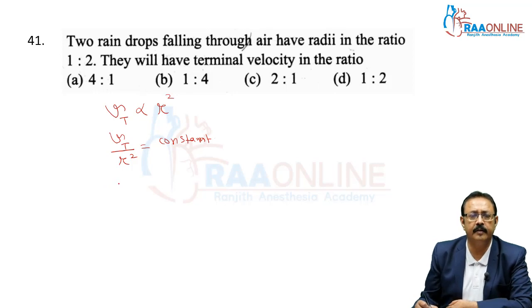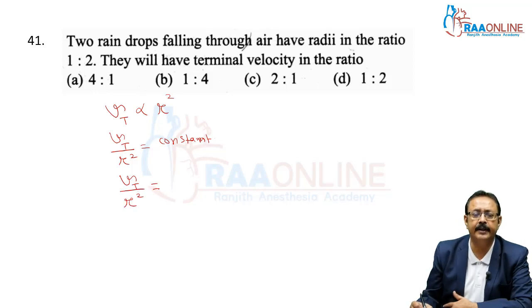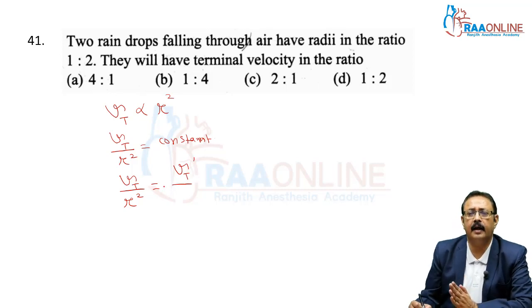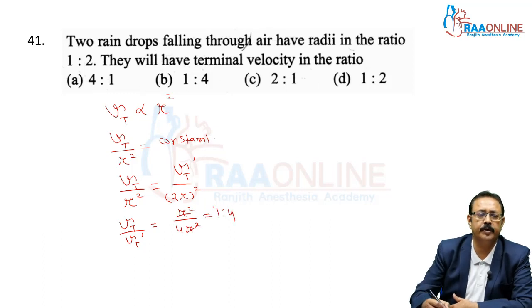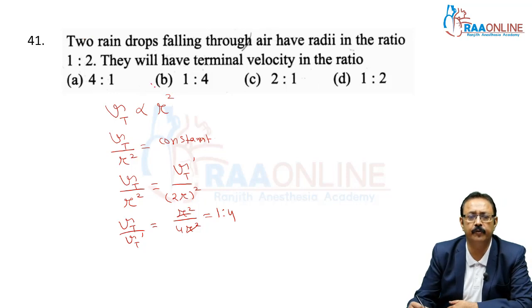So for one drop I am taking Vt upon R1 square. For the second drop I am taking Vt dash. Radii are in the ratio 1:2, so I have to take 2r for the second drop. So what is the ratio of terminal velocity? Vt by Vt dash is r square by 4r square. So what am I getting? 1:4. So going with option B, 1:4.